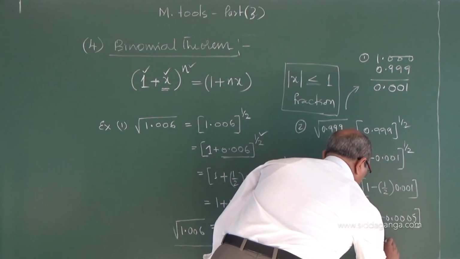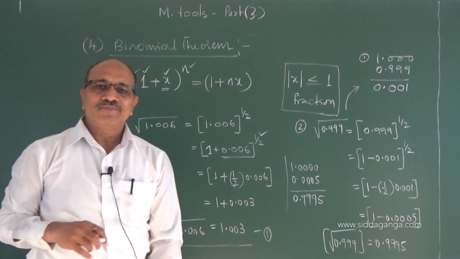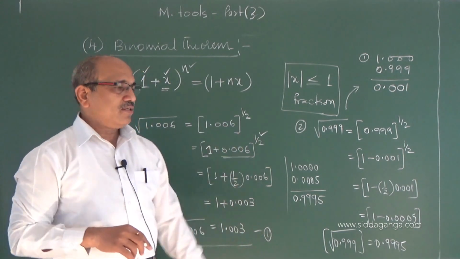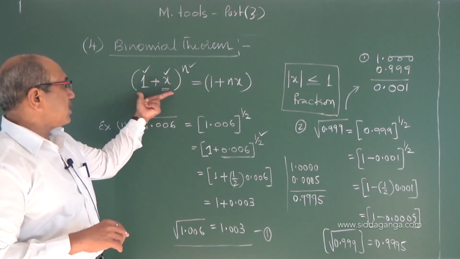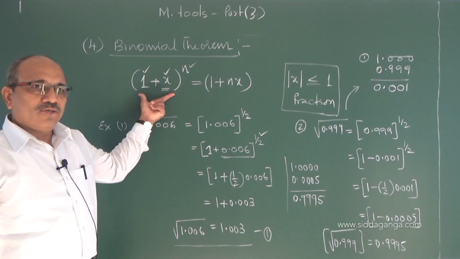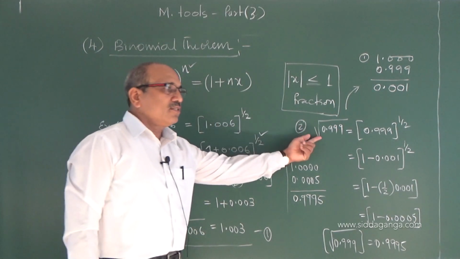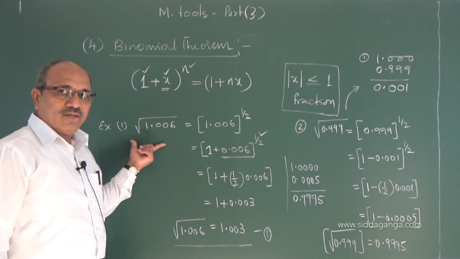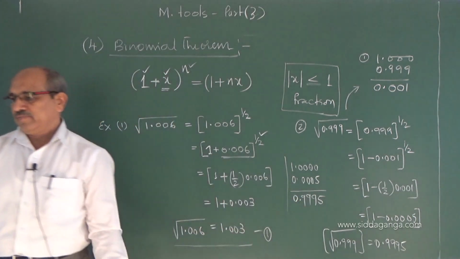It leads to 0.9995. Fine. I showed two examples. I hope you understood how this expression is used to get square roots. With two examples, let's see the remaining later on. Let us note this down and go to the next part.